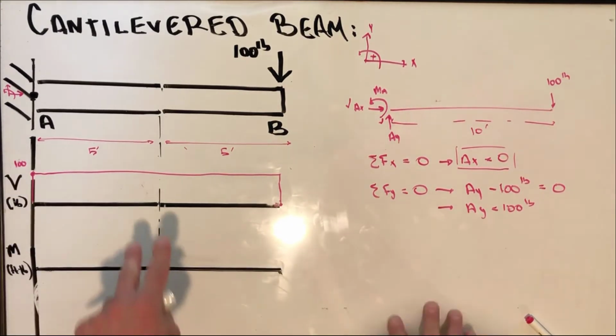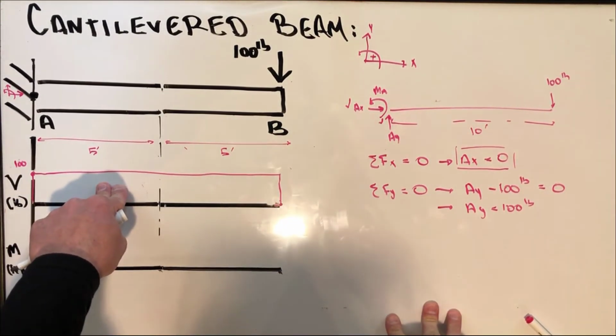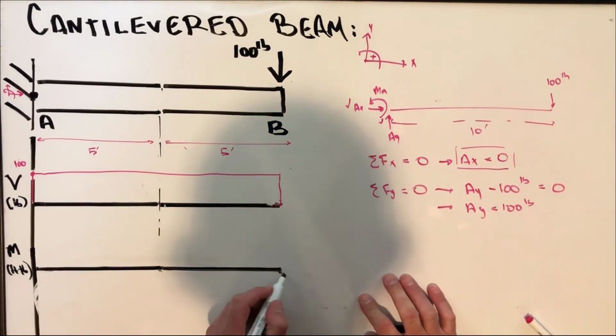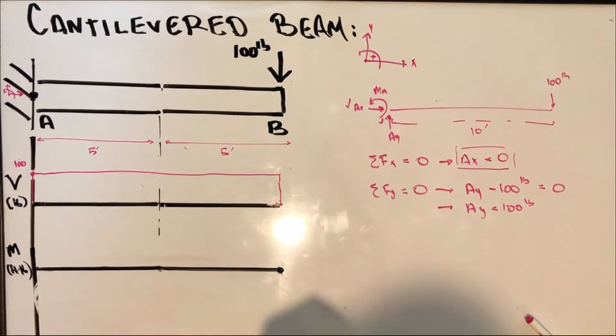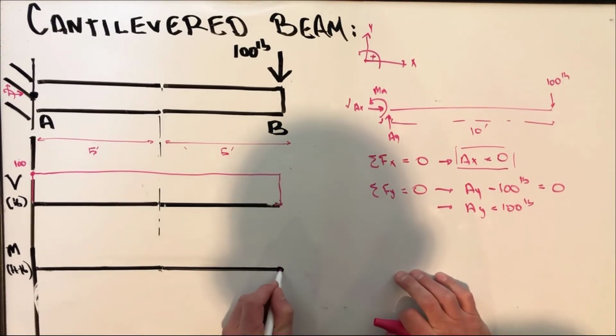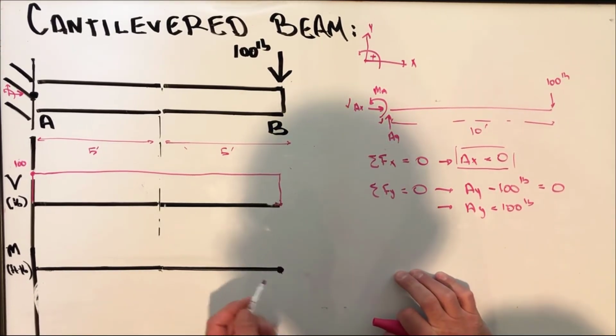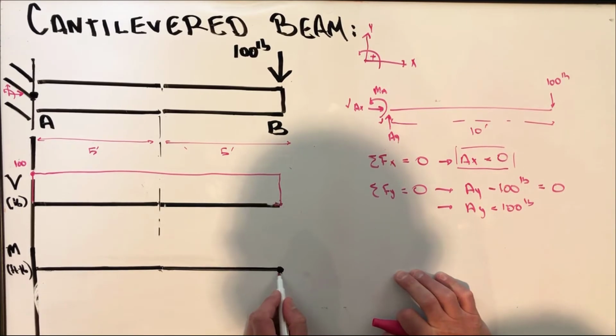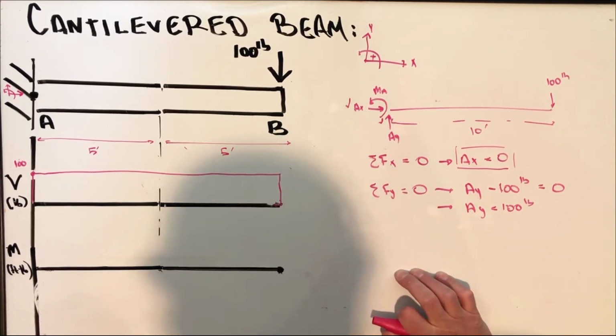So we have a positive constant slope taking us back to 0. We know our free end equals 0. So to get that positive constant slope to get us to 0, we're going to need a negative slope.